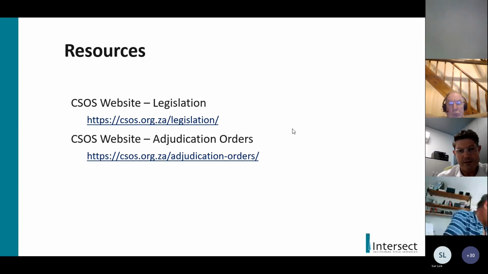Okay, so Andy asks: CSOS issued a practice directive in relation to trustee liability for spending unauthorized money. Is this retrospective to trustees having spent unauthorized money two years ago? Andy, I can't really answer that question. My logic says that it will become effective from the date of that adjudication order.